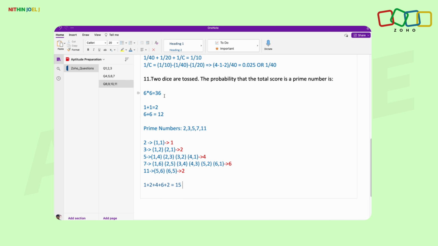So we know the total is 36 and n of S is 15. So 15 divided by 36, and we get 0.4167 as our answer. So the probability is 5 by 12.